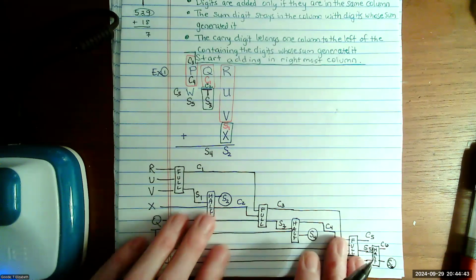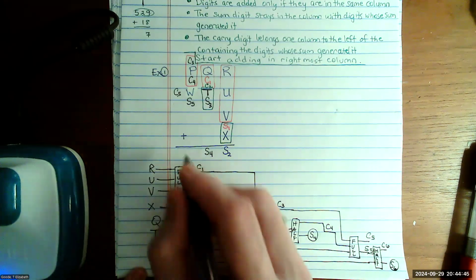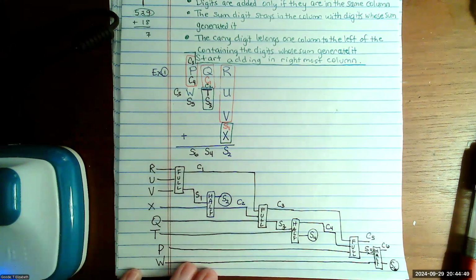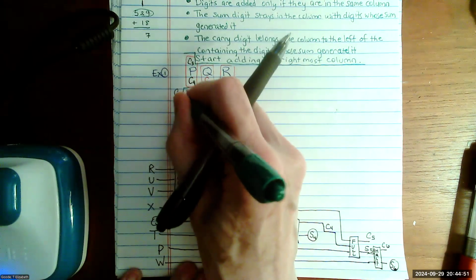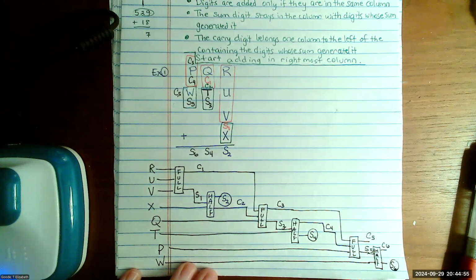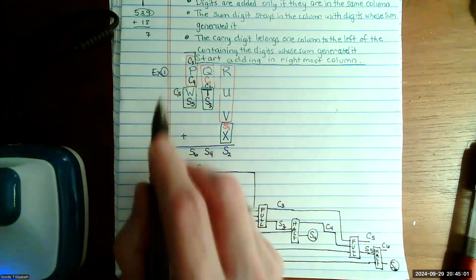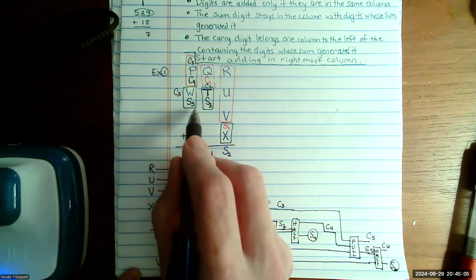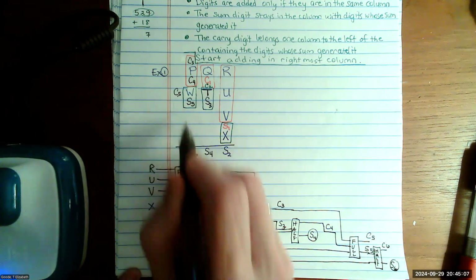I've made these too long. And S6 is down here, isn't it? Because we just finished up the 4s column. Where does carry 6 belong? Carry 6 is here. Is it gonna go below C5?